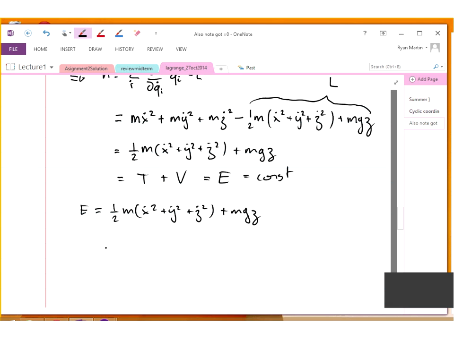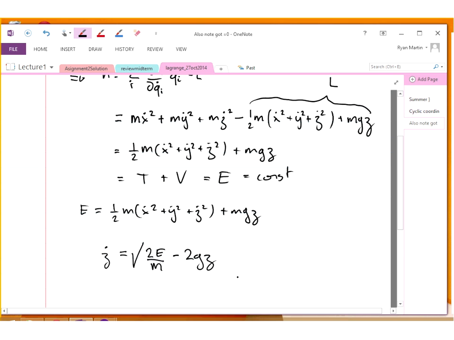So if I do that, I think you get z dot is equal to the square root of 2E over m minus 2gz minus x dot squared minus y dot squared.